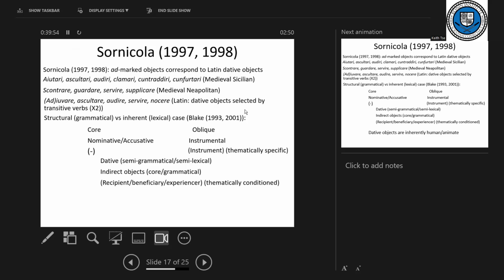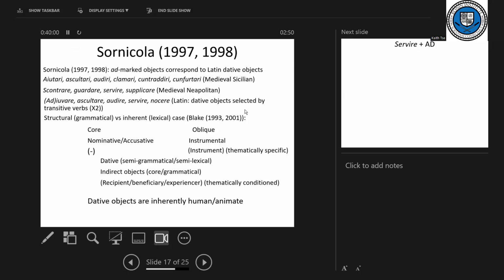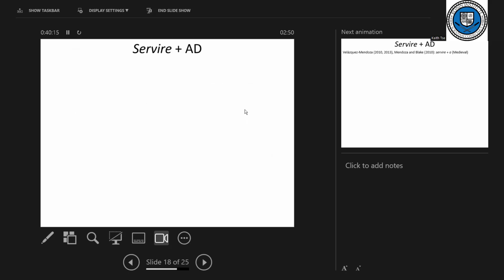So it is thematically conditioned in a way. And of course, these theta roles are always human and animate. So we could say that dative objects in Latin are inherently human and animate, because they correspond to animate theta roles. Yeah, the most significant of these verbs is definitely servire.